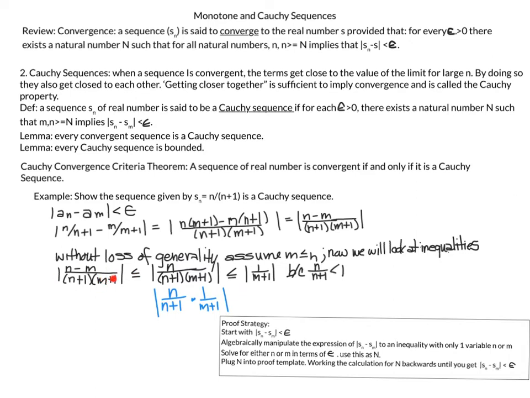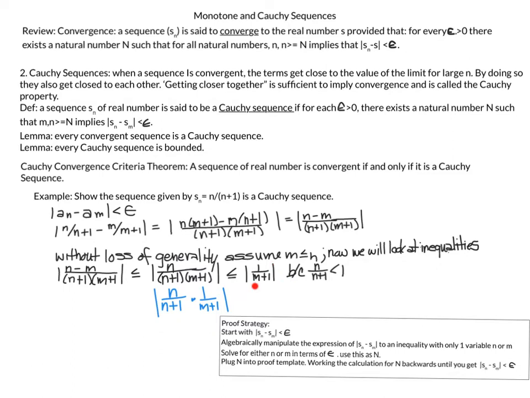Since m is greater than 0, it is a natural number, this algebraic expression is less than n over n plus 1, m plus 1. And then this algebraic expression separates out to n over n plus 1 times m over m plus 1. And since n over n plus 1, n being a natural number, is less than 1, this whole expression is less than or equal to 1 over m plus 1.